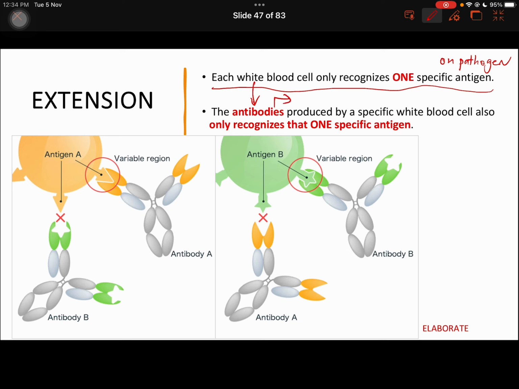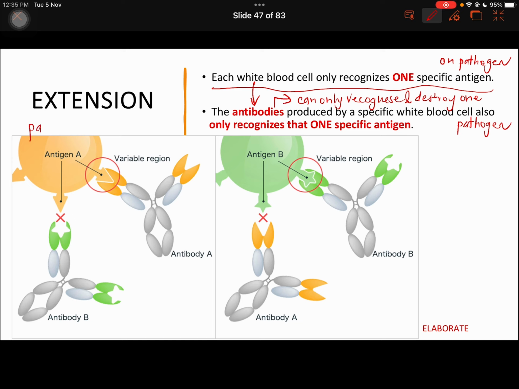So the antibody produced can only recognize and destroy one pathogen. This is why our body has to receive so many different vaccines to train all our white blood cells to recognize different kinds of pathogens.